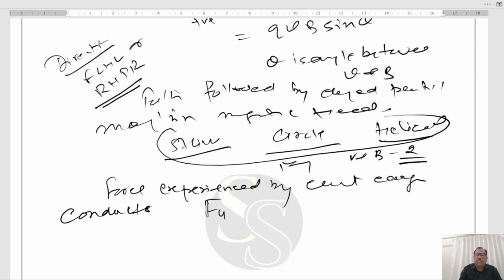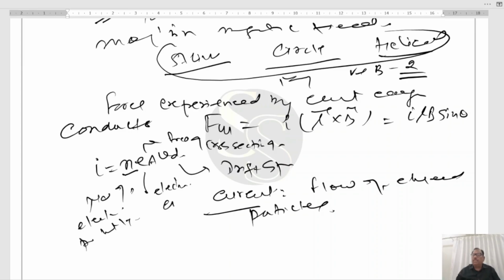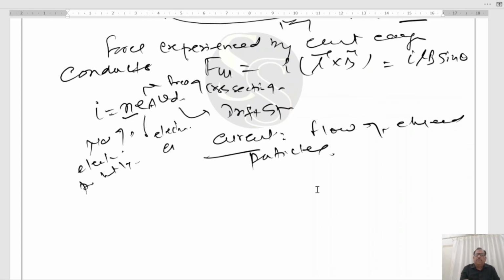That is given by Fm equals I L cross B, that is ILB sin theta. Current is the flow of charged particles.